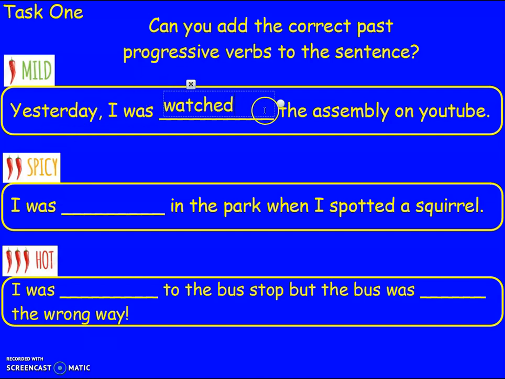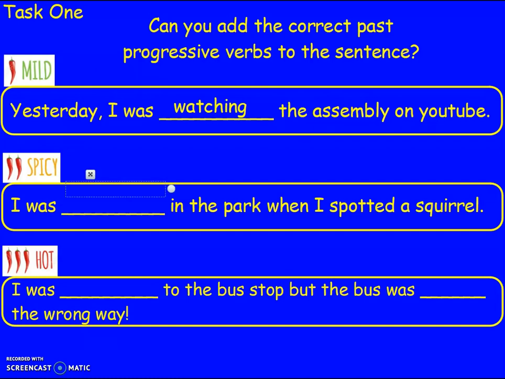It doesn't make sense. So we're going to need to use a different suffix. And because it's a past progressive, it shows something that's happened continuously over quite a period of time. So we can put watching. Yesterday, I was watching the assembly on YouTube. And that's the past progressive, showing that it has been done in the past.